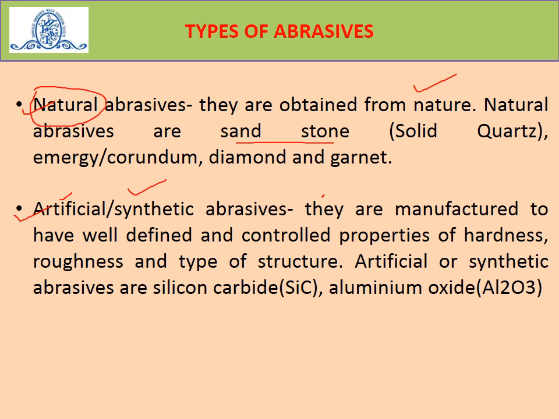According to the requirement of the manufacturer, we design the grinding wheel. The different types of artificial abrasives are silicon carbide, that is SiC, and aluminum oxide, Al2O3.